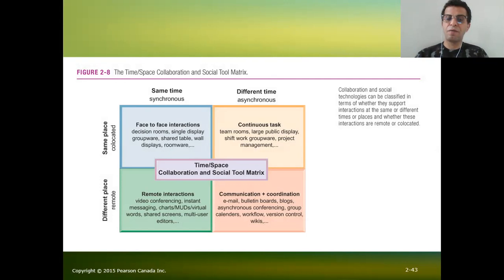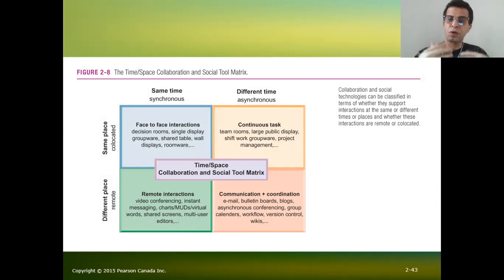But if you have the same time at different places, and I do have international students with you, that is where you have remote interaction: video conferencing, instant messaging, chat, and all these things. We use the same time at different places. Then we have asynchronous, which could be the same place or a different place, but not at the same time.